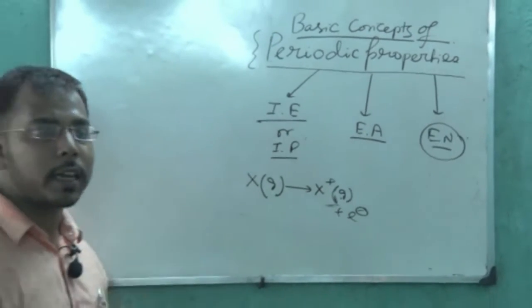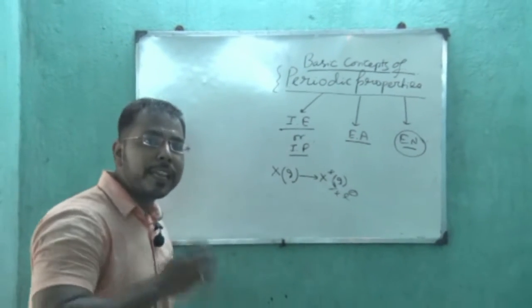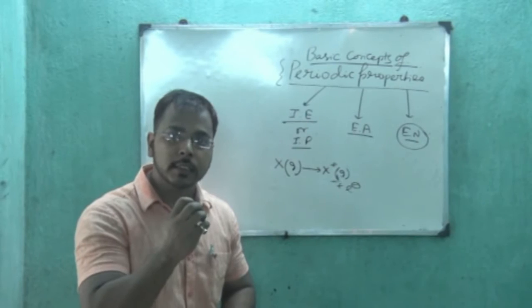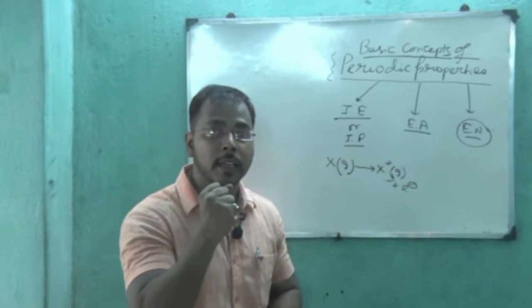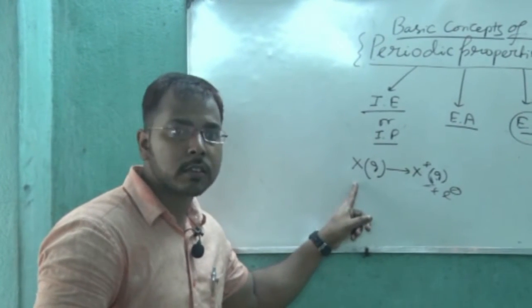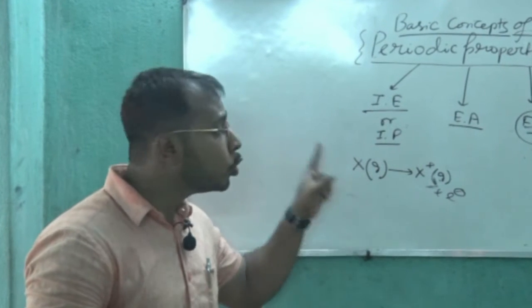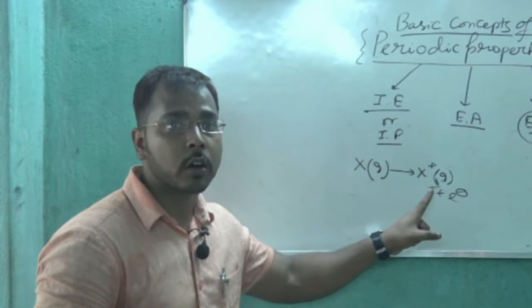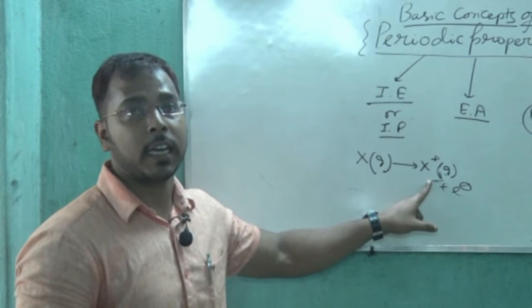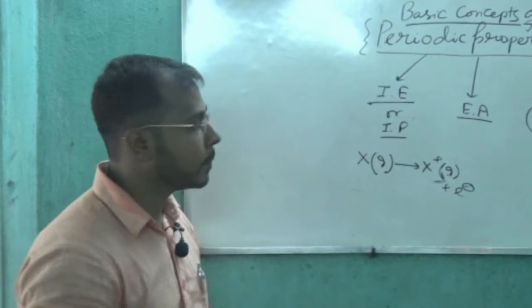That means we can say that it is the minimum amount of energy that is required by an element in gaseous state to remove its valence electron to produce a cation in its gaseous state.